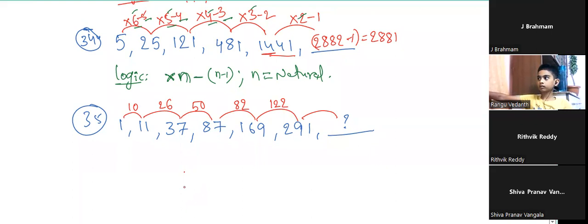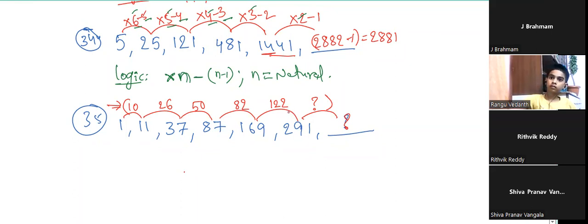I'll repeat the point again. After taking the multiples or differences, we have to consider all these numbers as one separate series. We need to fill up this series first. If we can fill this series, we can fill this number automatically. Consider these difference numbers as one separate series.